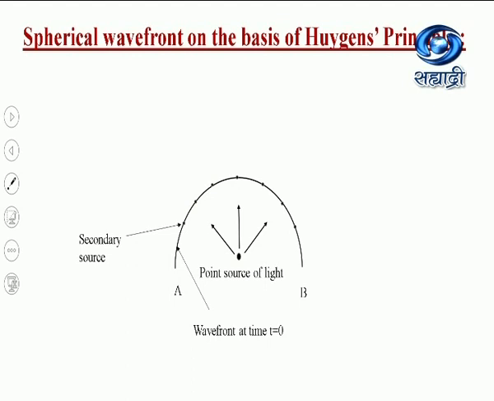And therefore, to draw the spherical wavefronts emitted by different sources, we consider these sources as the centers and radius equal to Vt, and we draw the spherical wavelet emitted by all these sources.